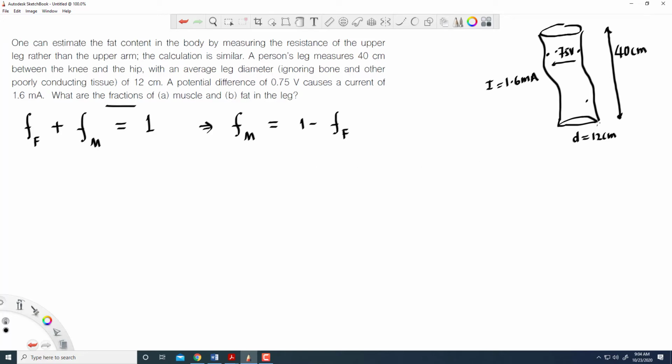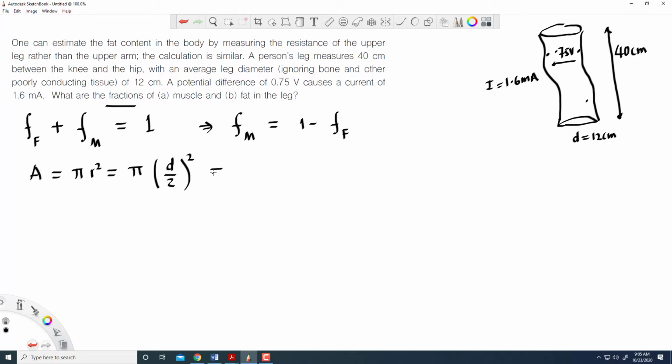So we can find the cross section area. The total cross section area of the leg, let's call it A, is pi r squared, or in terms of d you can write pi (d over 2) squared.